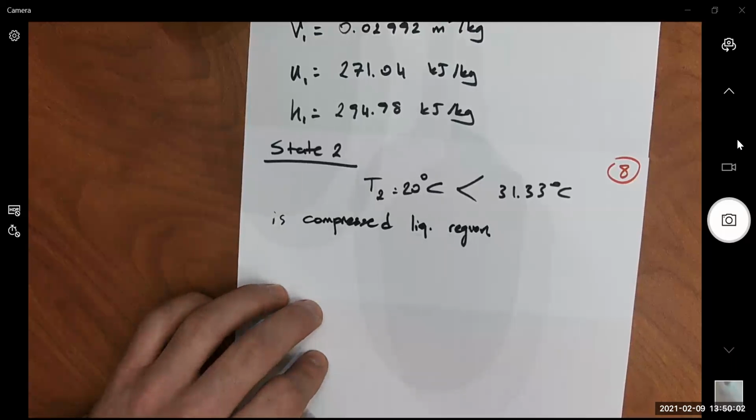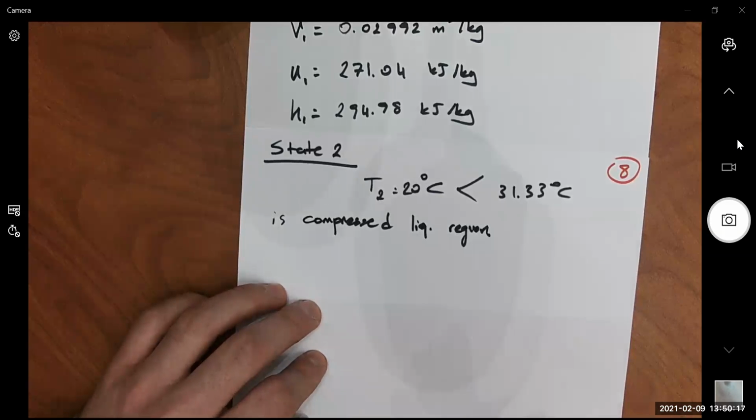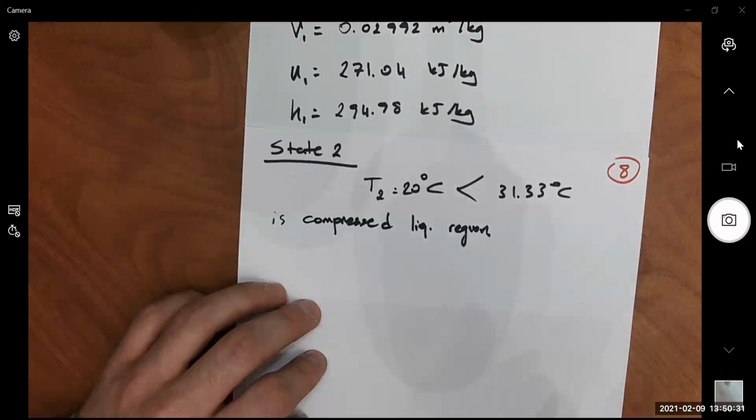You shouldn't have a compressed liquid table for refrigerant 134A. If you have it, good for you, you can just read the values from it, but mostly you will not have it. As we mentioned in the previous lectures, when you have those cases, you can approximate with the saturated liquid properties from the saturated property table.